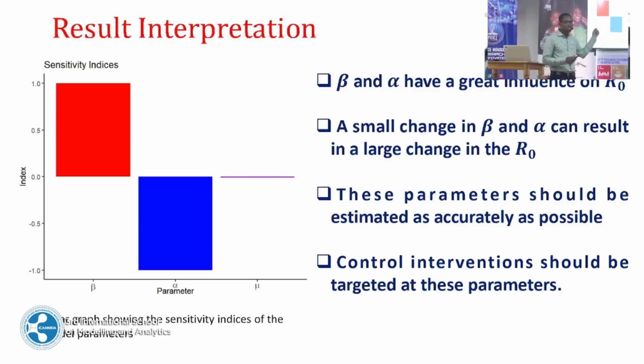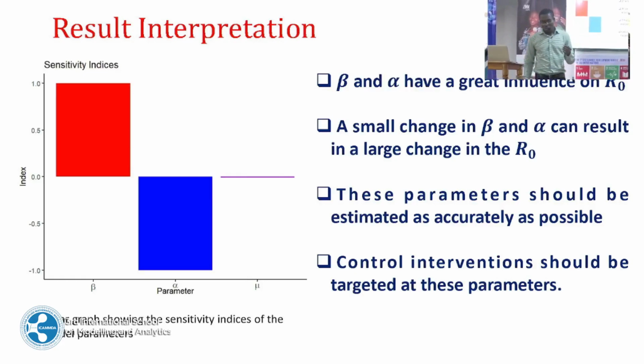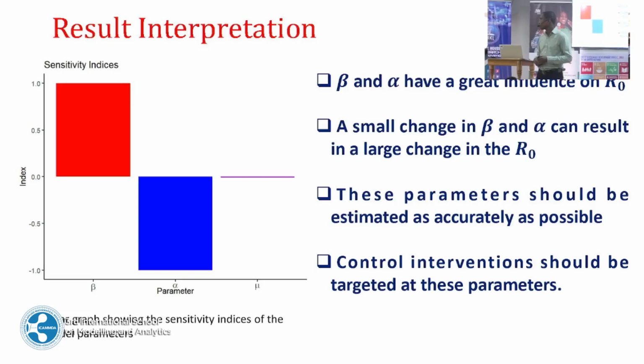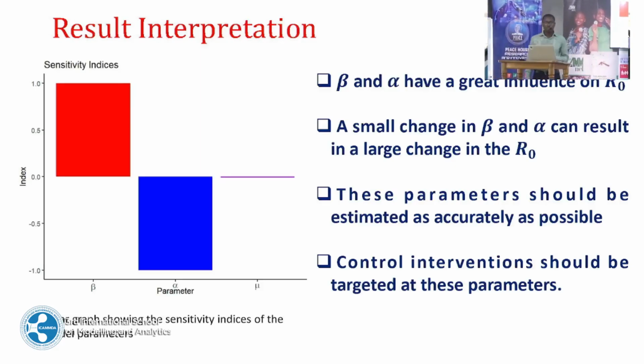So what can we suggest? What control intervention can we suggest that will target the first parameter? Somebody should help us. We want to advise policymakers. What control intervention can you advise to target beta, the transmission rate?